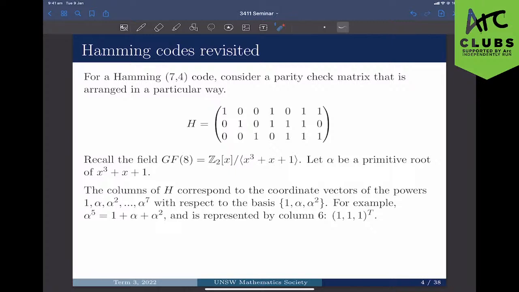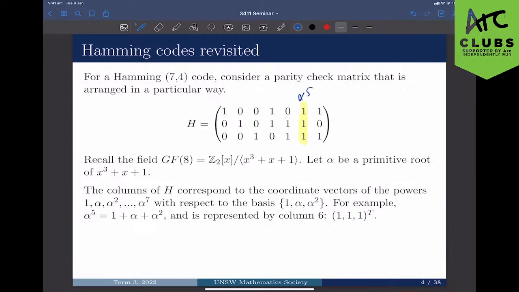So for example, alpha to the power of 5, which is this column, is represented by the coordinate vector 1, 1, 1.